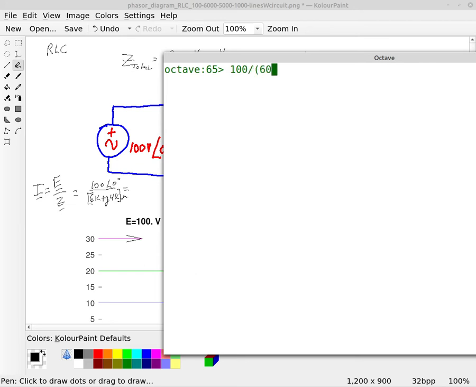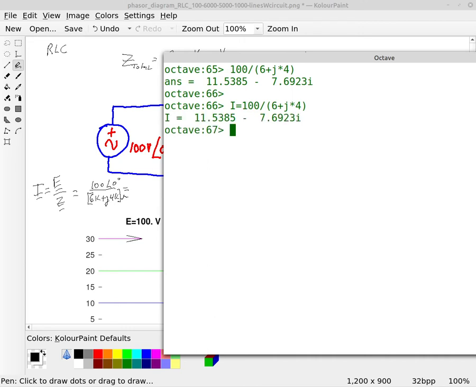Now I'm not going to put in 6,000 or 6e3 because I'm just going to remember that they're both kiloohms, and so when I'm done I'm going to end up with milliamperes. And so 6 plus J times 4, and this is going to give me the current, so I'm going to stick that in a variable called I.